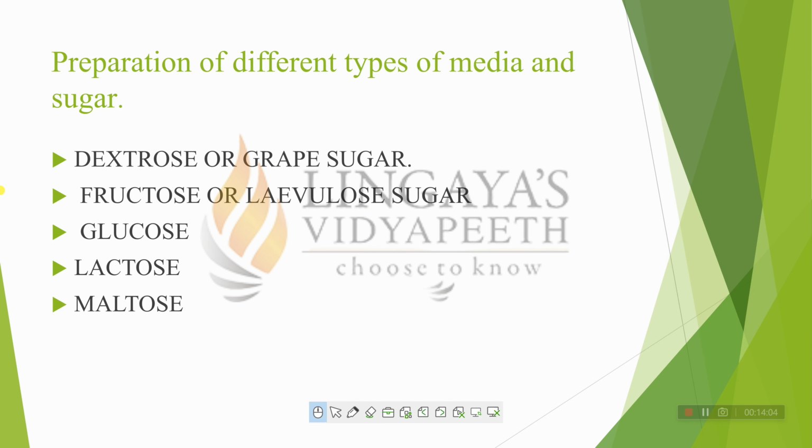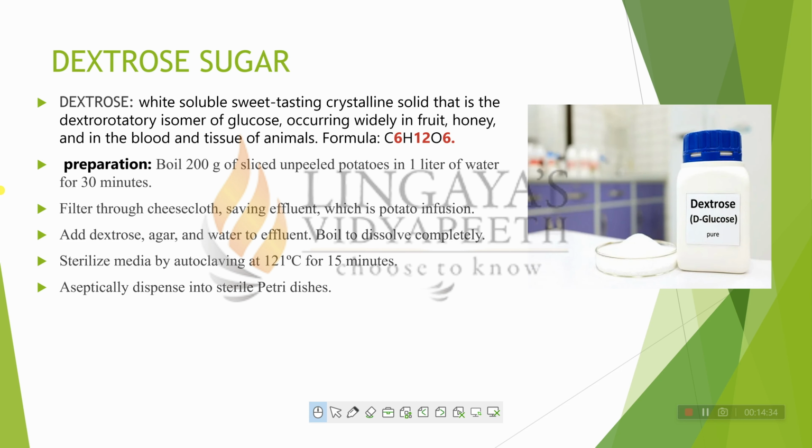Now talking about preparation of different types of media and sugars that are used in the laboratory for different types of tests such as biochemical tests, in the microbiology laboratory as well as in the biochemistry laboratory, such as dextrose sugar, fructose sugar, glucose, lactose and maltose.